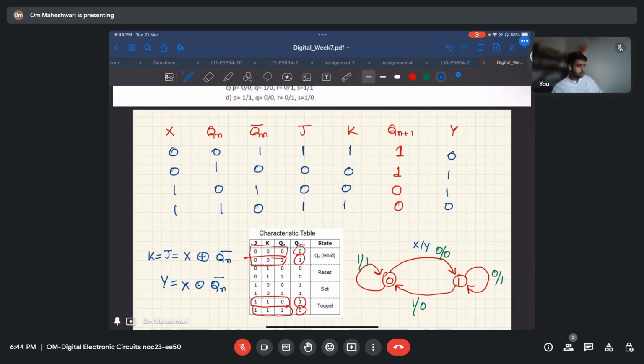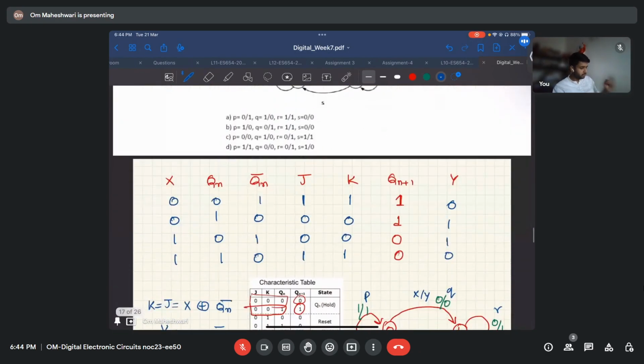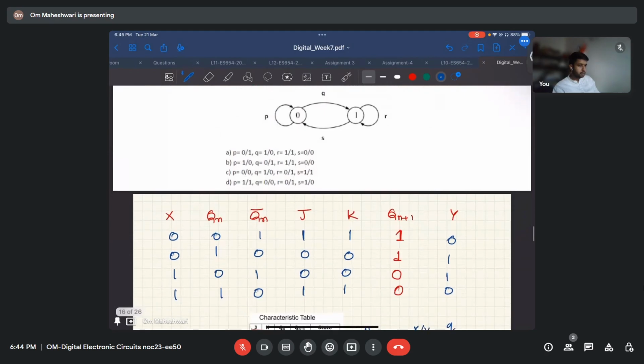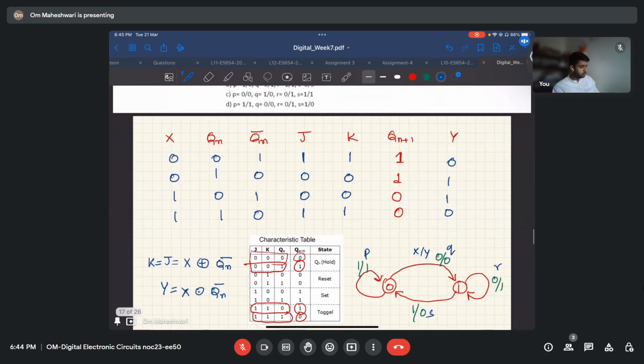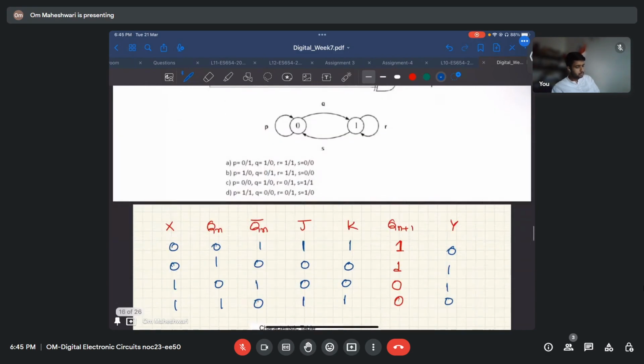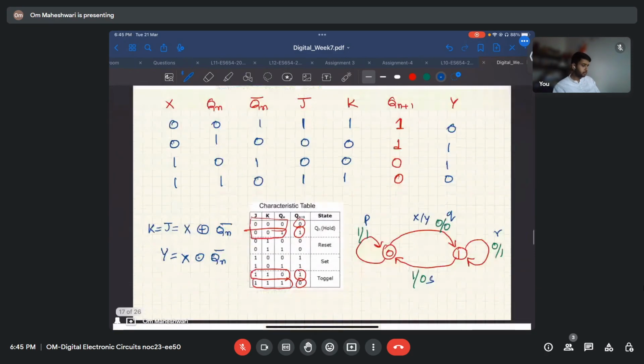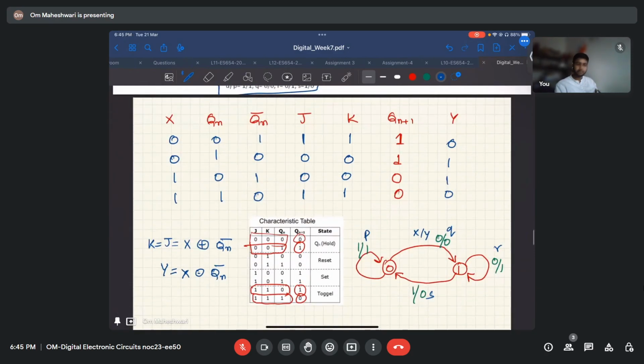So this was what? P Q R S. So we have P is 1 1, Q is 0 0, R is 0 1, and S is 1 0. D is the correct answer. Okay.